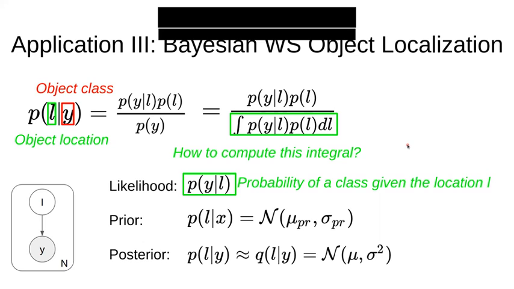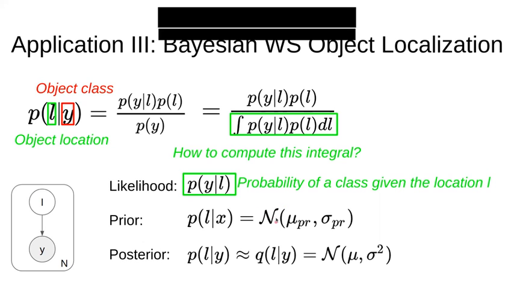And later on, just to understand your notation, you say the prior P of L given X is, for instance, N of mu PR, sigma PR. What is that capital N?